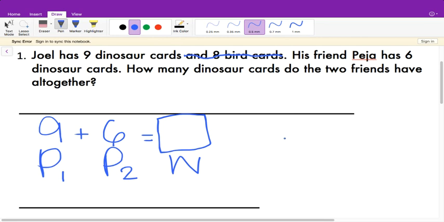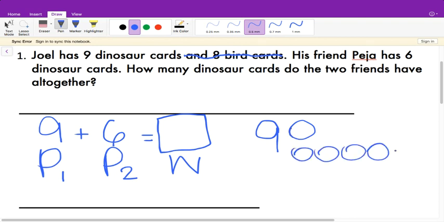Okay, so now that my equation is written, I can go ahead and draw the picture to solve the problem. So I'm going to start with 9 and count up 6 more. 1, 2, 3, 4, 5, 6, and I can see this is 10, 15. So our answer is 15.